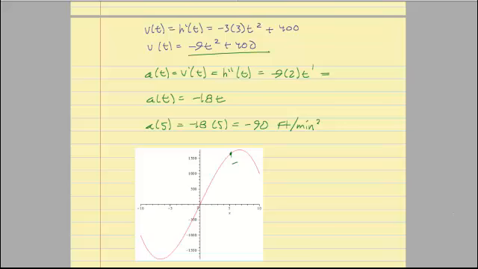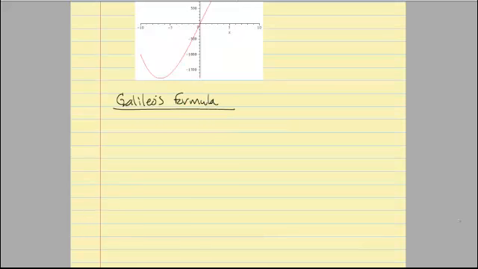Let's go ahead and look at Galileo's formula. If you recall with Galileo's formula that we looked at in previous sections, we were given S of t is equal to S naught plus V naught t, kind of this is the general case, minus 16t squared. Well, what's going on with Galileo's formula is this value of S naught is called your initial position in feet.